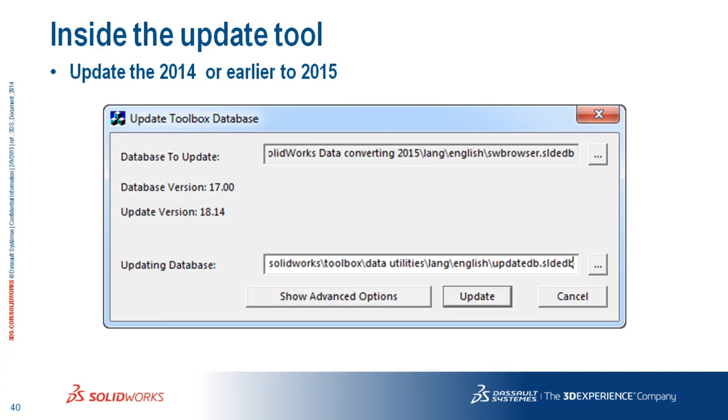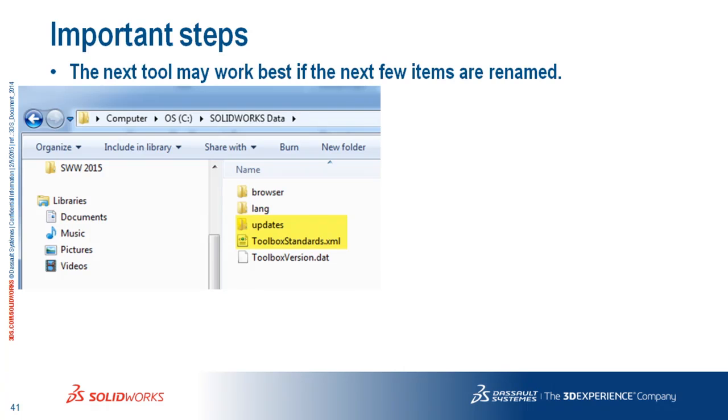This one converts the newly converted MDB to SQL file to the new version of Toolbox for this release. So you're going to step it from 17.0 to 18.14. That's what the upgrade should have done for you up to this point. It should have done both of these tools already.